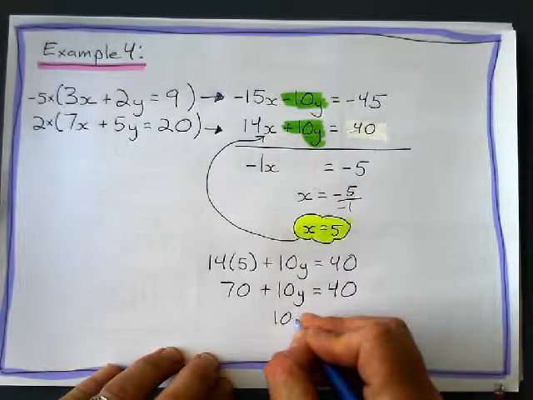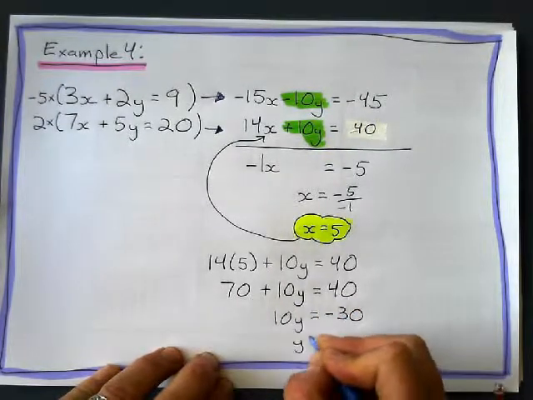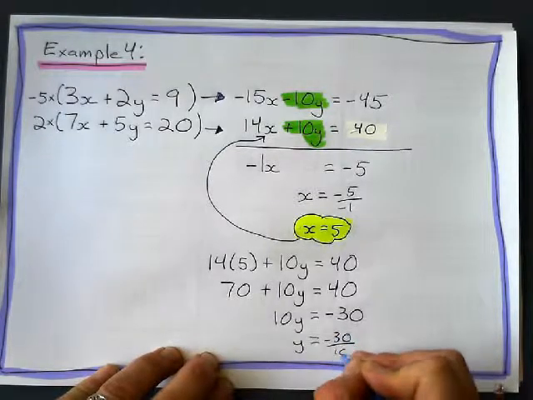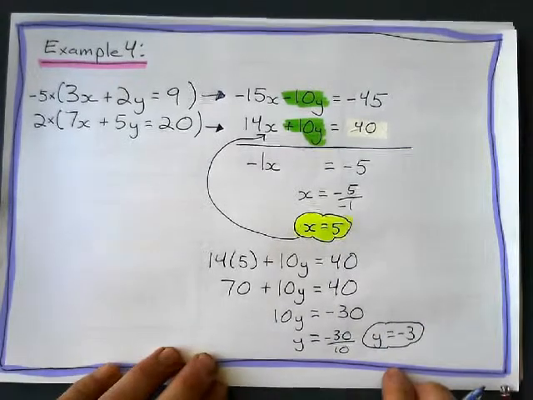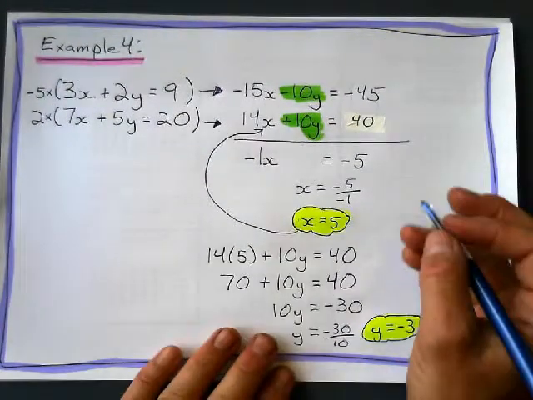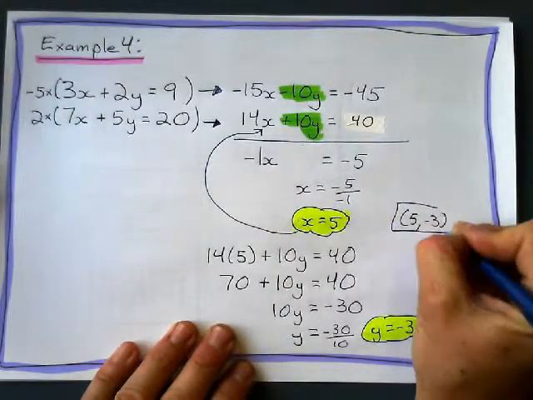Subtract the 70 from the other side, and I get negative 30. Finally, divide that by 10. Negative 30 divided by 10 gives me negative 3. Hopefully there's no mistakes in there. So my intersection would be 5, negative 3.